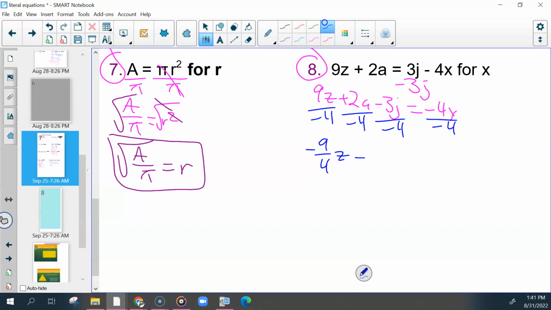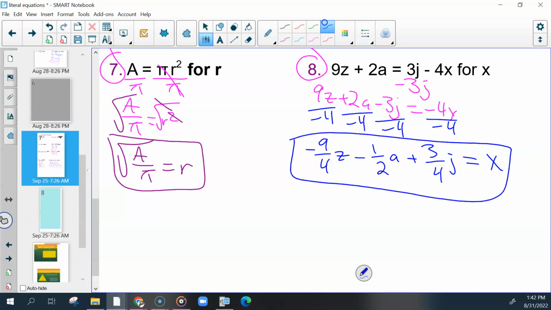You could write that either way. This was already negative and we're dividing it by a negative, so this is going to become positive. 3/4 j equals x. So if you are dividing by a negative, be careful because all your signs change. If you're dividing by a number, be careful because you could simplify.